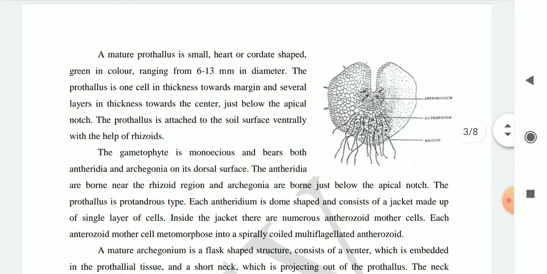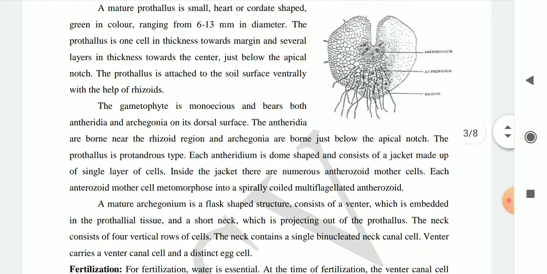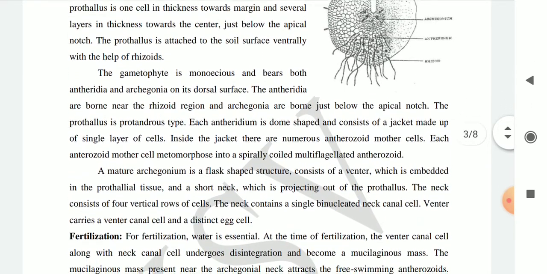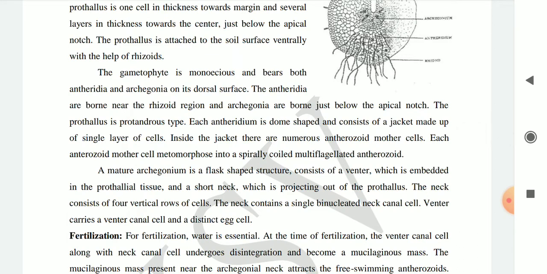It looks like a heart-shaped structure, almost 16 to 13 millimeter in diameter. Usually the prothallus is one cell thick towards the margin, and several layers thick towards the center.